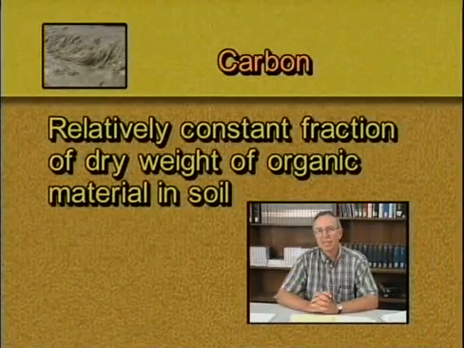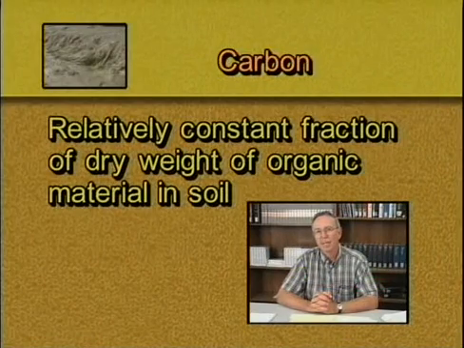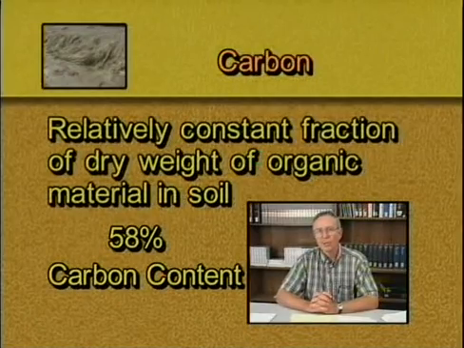Why can we analyze for carbon content and determine from it the amount of organic material that exists in the soil? Well, carbon is a relatively constant fraction of the dry weight of organic material in the soil. And for the purpose of analysis, the figure of 58% carbon content is normally used.